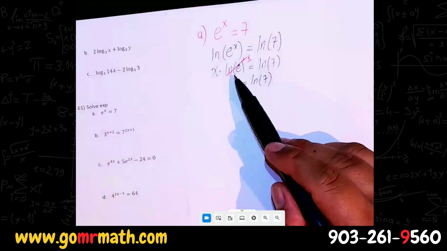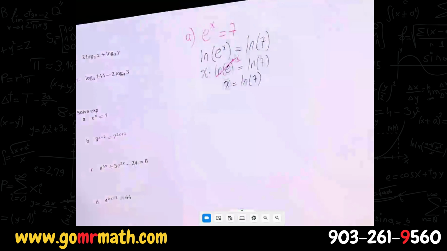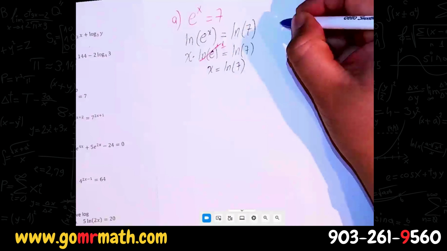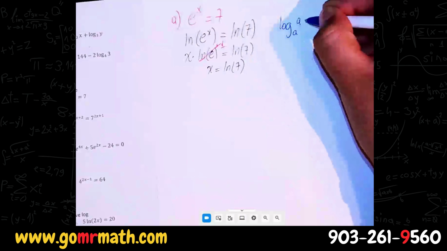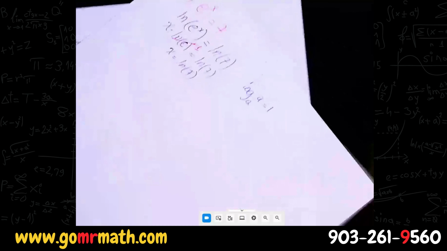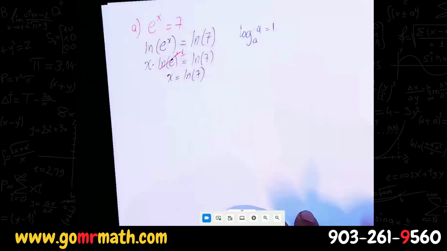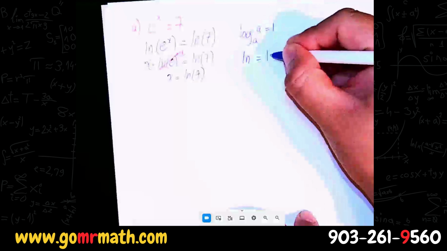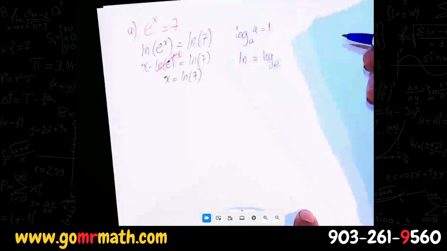So how do we know this ln of e is 1? Remember the property: the logarithm on base a of a is equal to 1. The natural logarithm is a regular logarithm on base e.